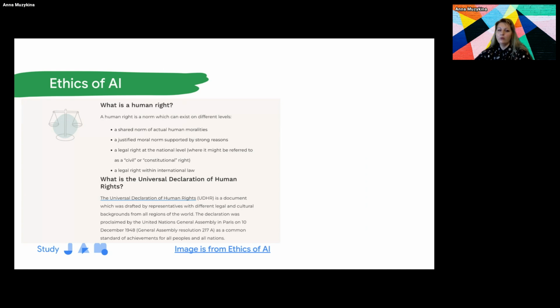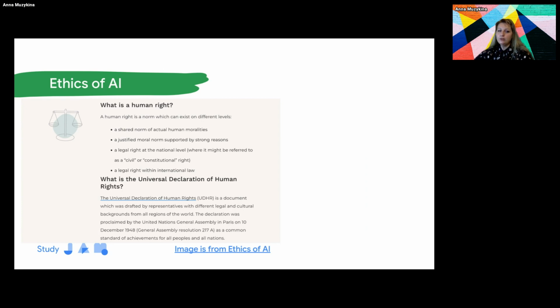So, what are human rights and why do they matter in the context of AI? Essentially, human rights are universal norms that protect all people from political, legal, and social abuses. They are fundamental rights that belong to everyone, regardless of who they are or where they come from.